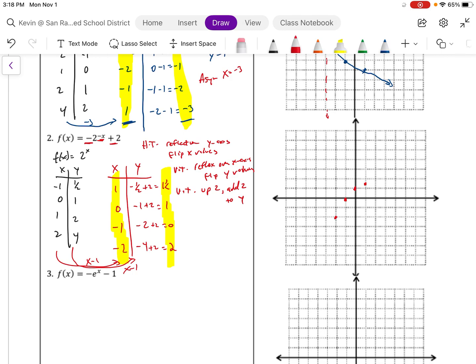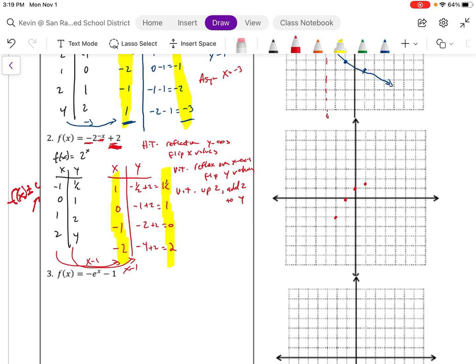Let me clean this up a bit. And remember we mentioned that since this is an exponential function, whatever number we add or subtract to our whole function, so f of x plus or minus c, is going to give us our asymptote. In our parent function, the asymptote was at y equals 0.